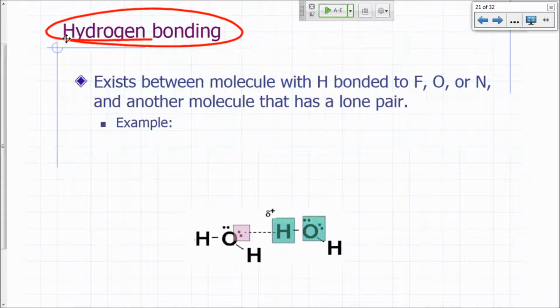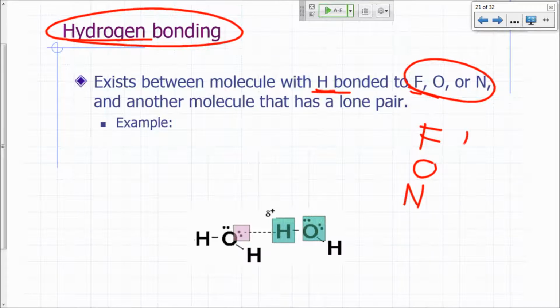This hydrogen bonding is an interaction that occurs between two molecules. One molecule has a hydrogen that's attached to one of the three most electronegative atoms: fluorine, oxygen, and nitrogen.